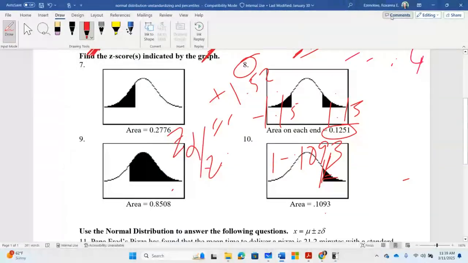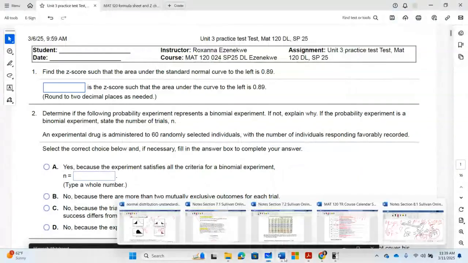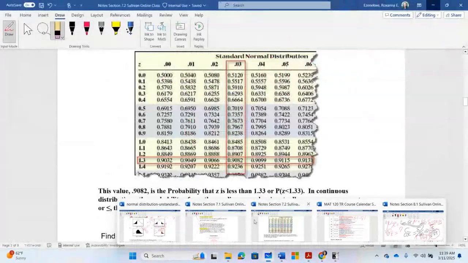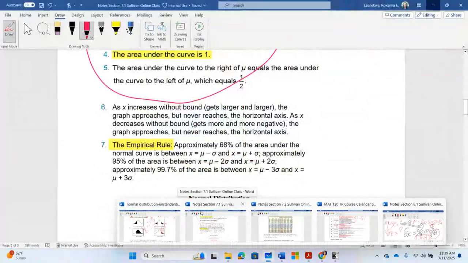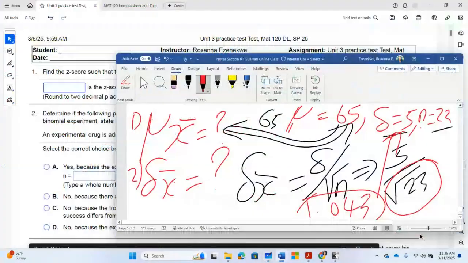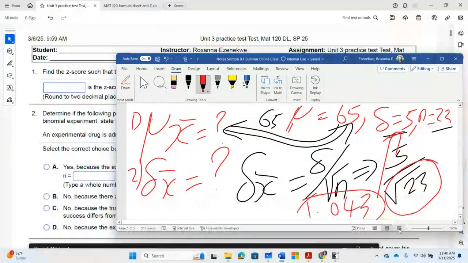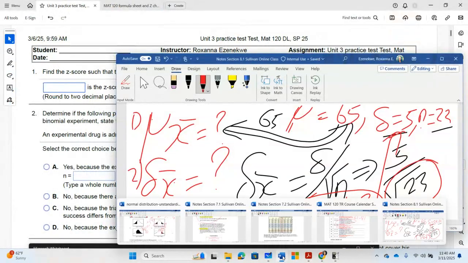So let's go to section 8.1. The first thing we're doing in 8.1 is looking at the notes. Let's look at the notes for 8.1 right here.